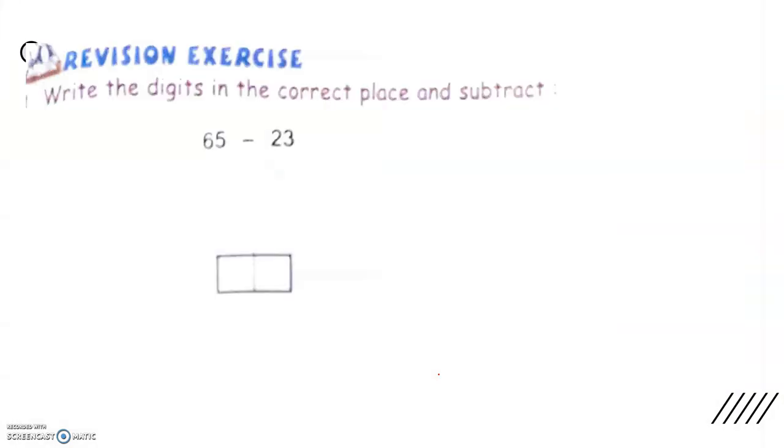Now the revision exercise. First question is write the digits in the correct place and subtract. 65 minus 23. We have to write these digits in the correct place and then subtract. 65 minus 23.